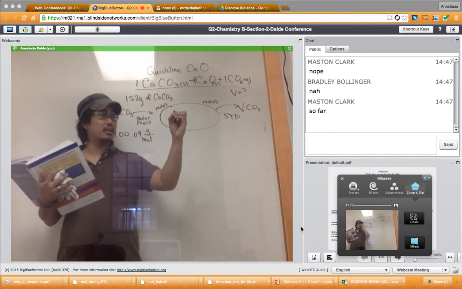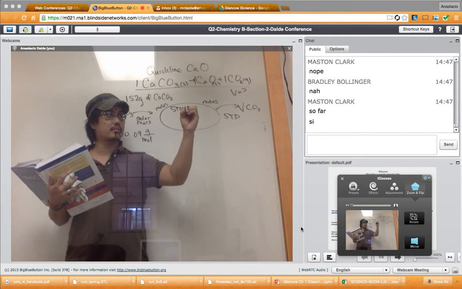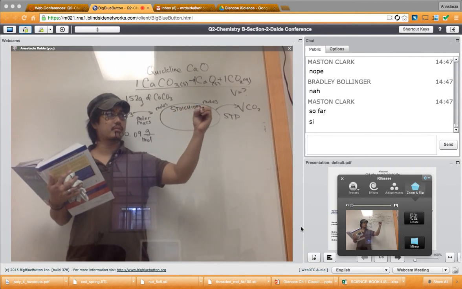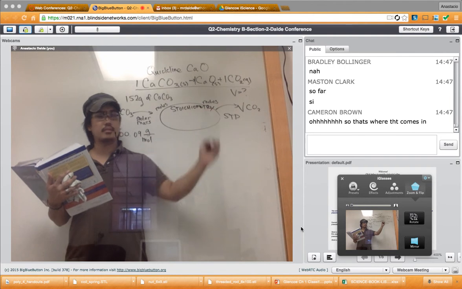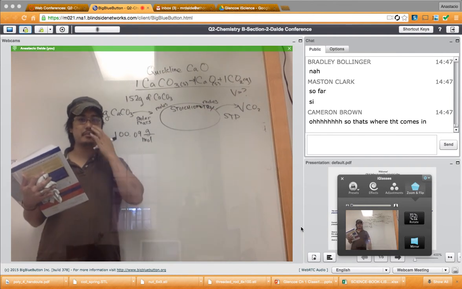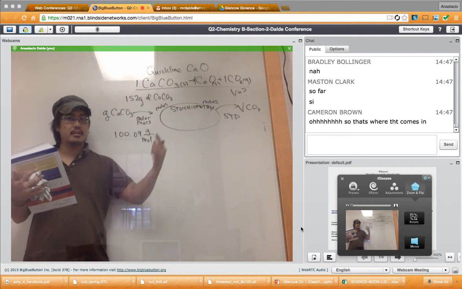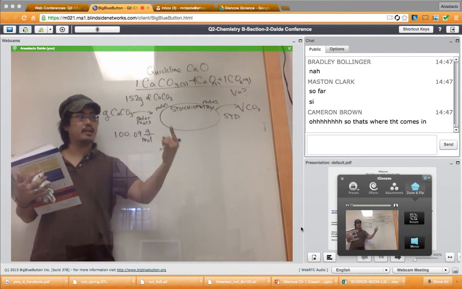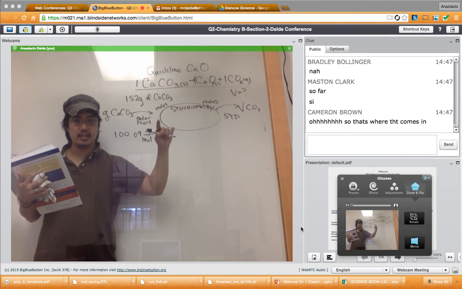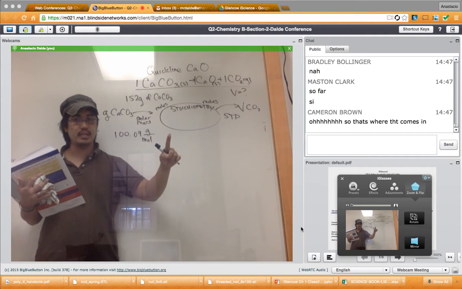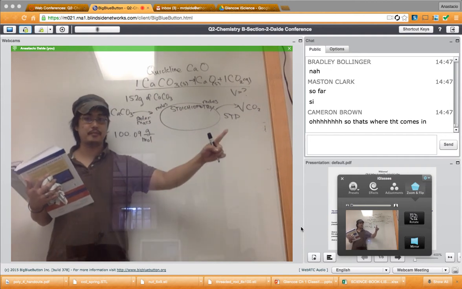And here's the stoichiometry game that we play in the middle. So, again, the stoichiometry game must be played with moles. It needs moles going in, and it has moles coming out.